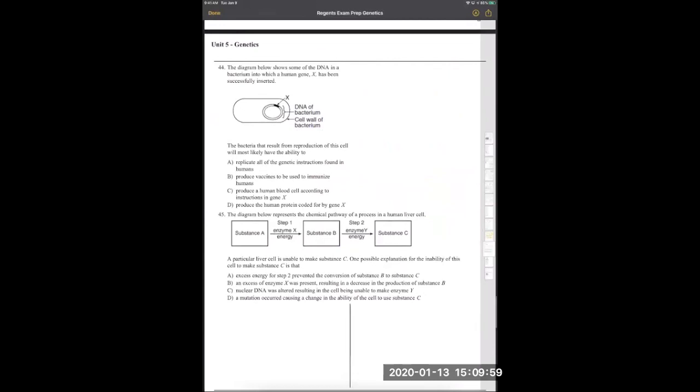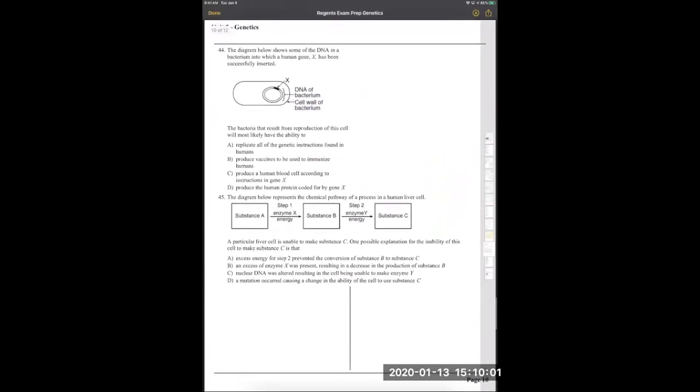The diagram below shows some of the DNA in a bacterium into which a human gene X has been successfully inserted. DNA of bacterium, we see that. That's probably some sort of enzyme, and that's what it's called. And then cell wall of bacterium, okay.